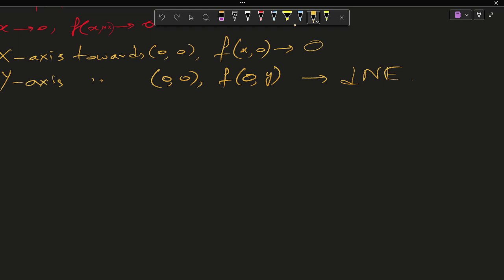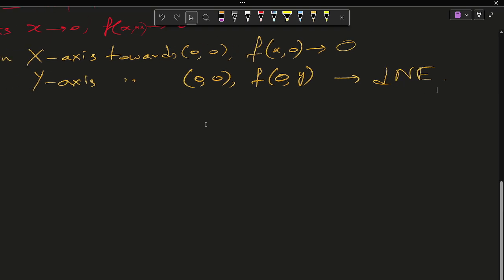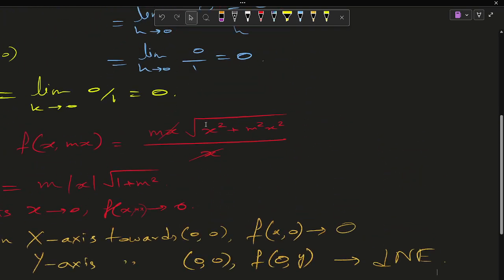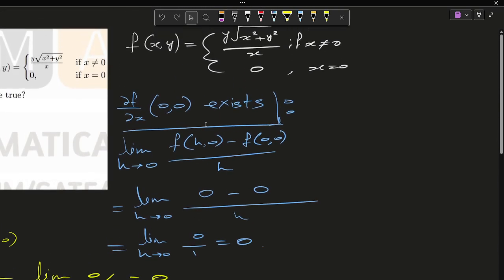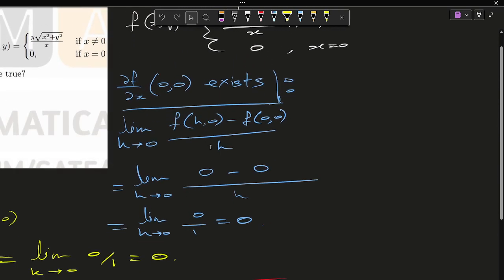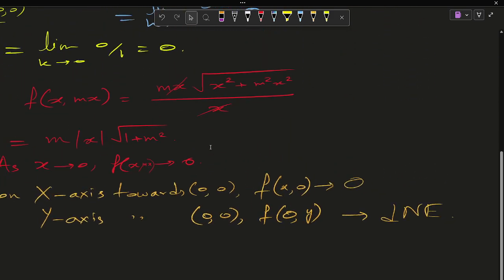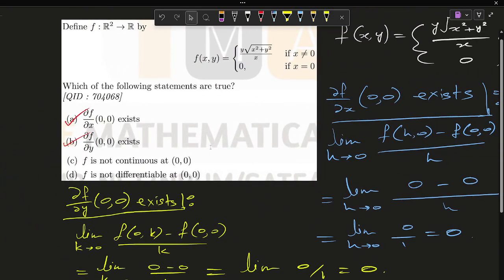As f(0, y) does not exist and f(x, 0) goes to 0, it is continuous along the x-axis but not along the y-axis. So f is not continuous at (0, 0).